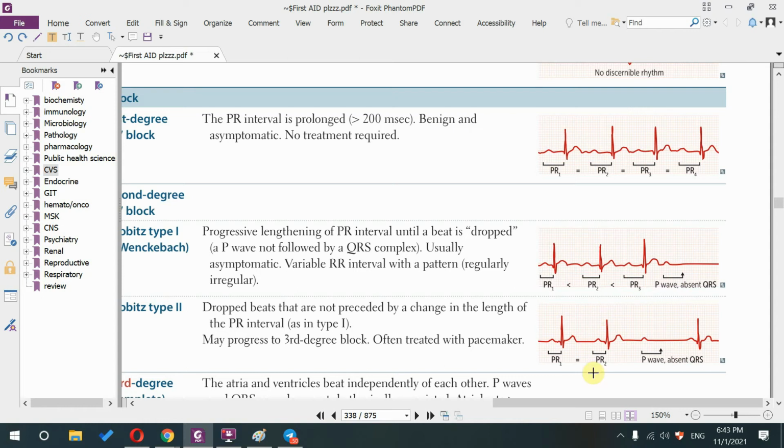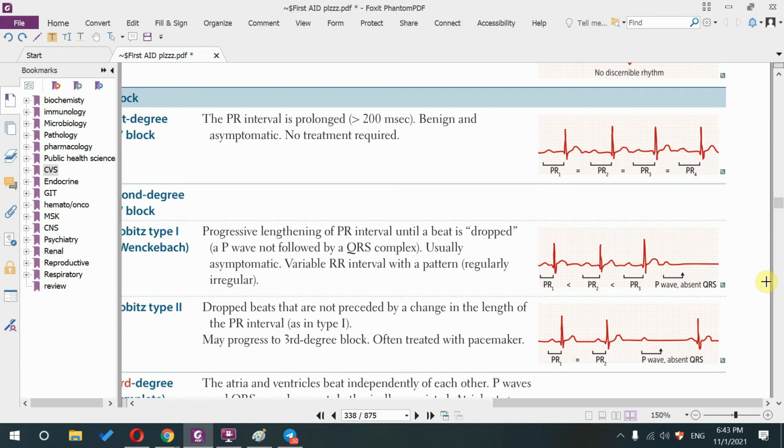So it's irregular because the shape of it is irregular. The RR interval is lengthening, which makes it some form of irregular, but it just keeps recurring at the same level, and that is why we call it regularly irregular.